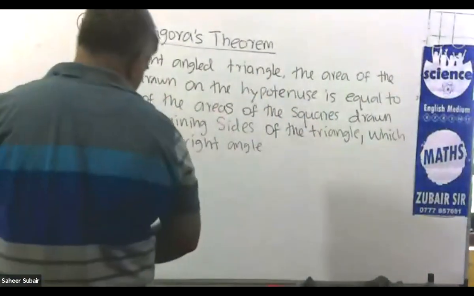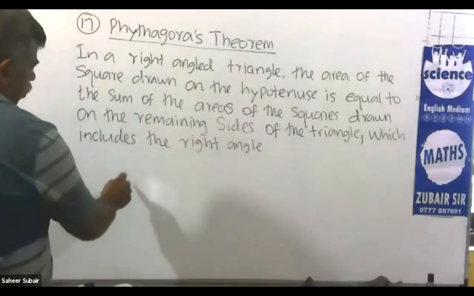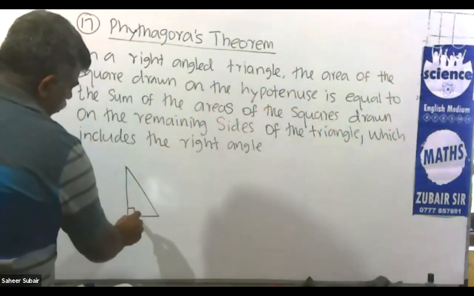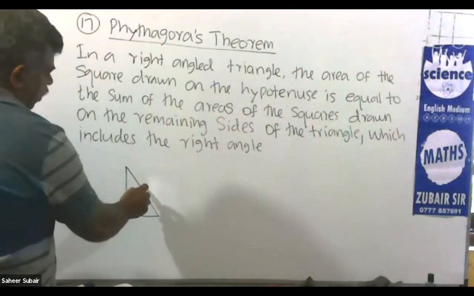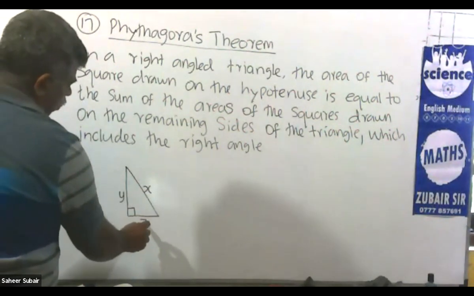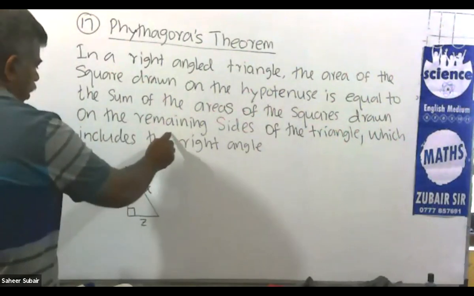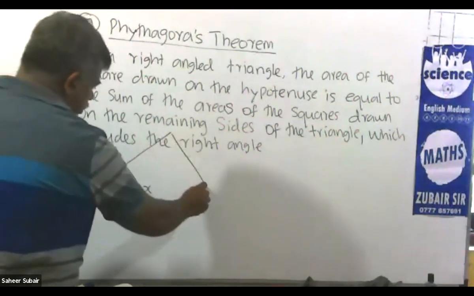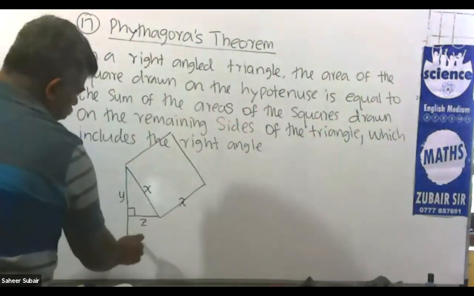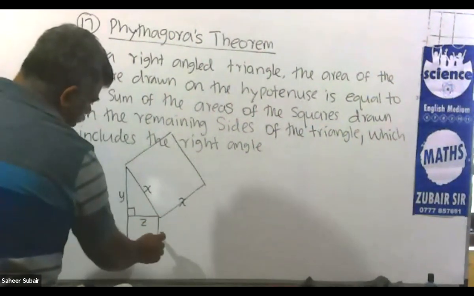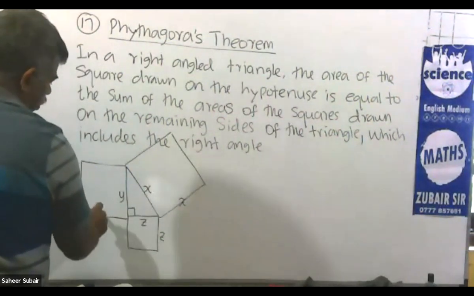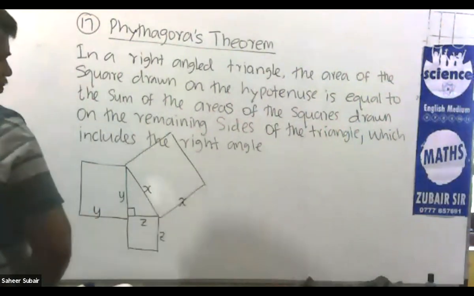And according to the Pythagoras theorem, you see, this is the right angle triangle. I take this side as x, this side as y, this side as z. If I make a square on this side, this side is also x. For the other side, z. For the other side, y.